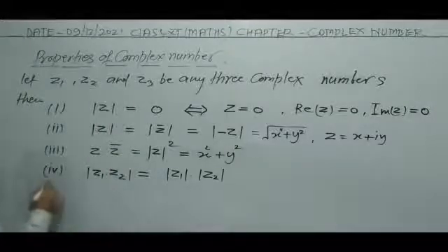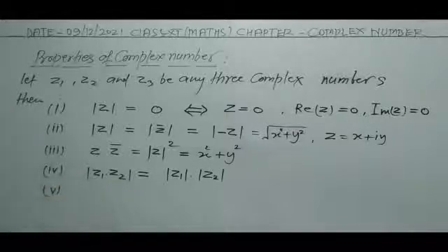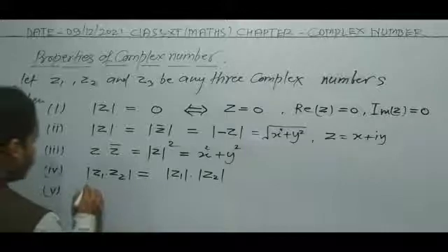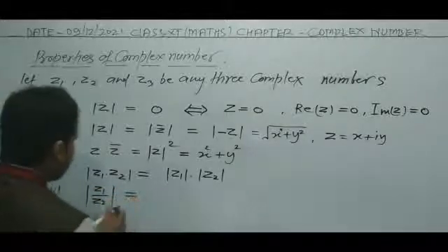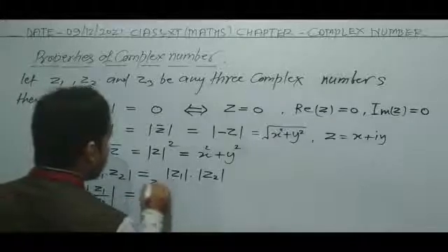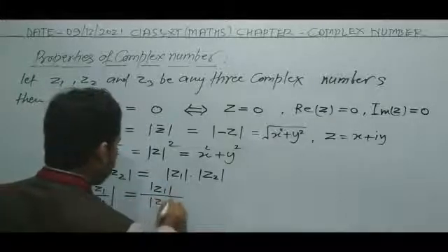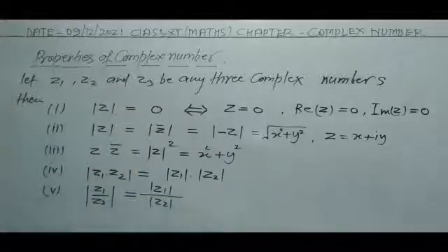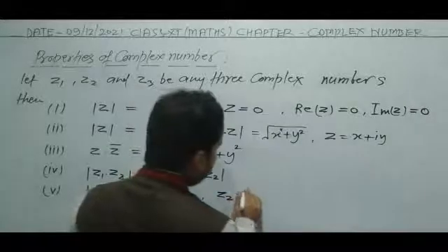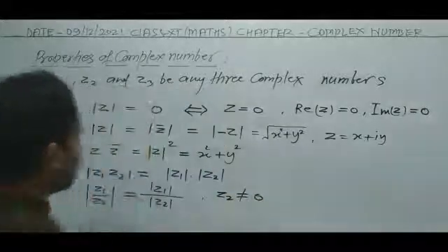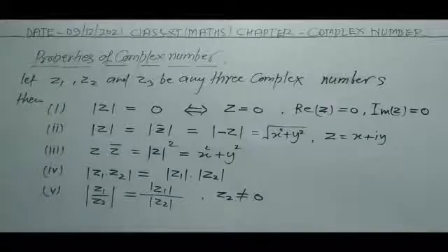The modulus of the product of two complex number is equal to product of their modulus. And now fifth is the modulus of the ratio of two complex number is equal to ratio of their modulus. And here we can write z2 cannot be equal to 0. This is the condition.